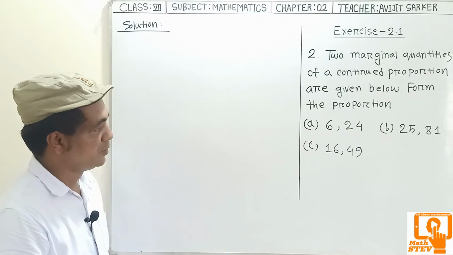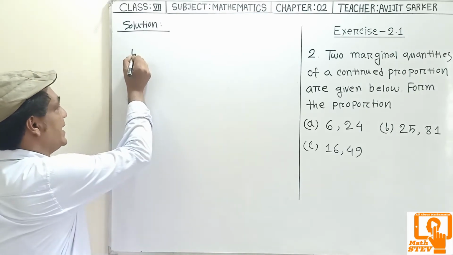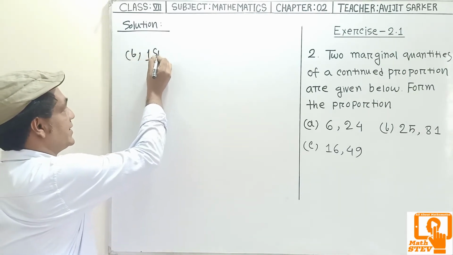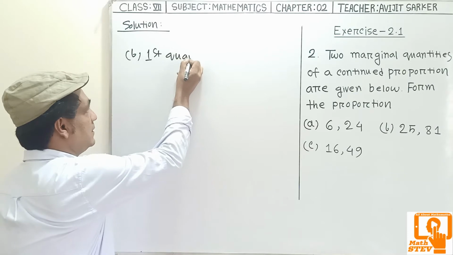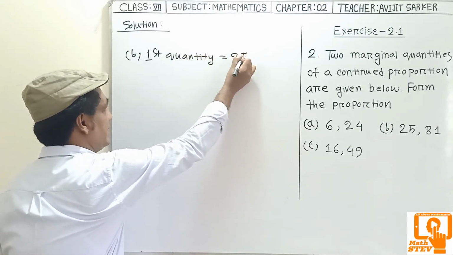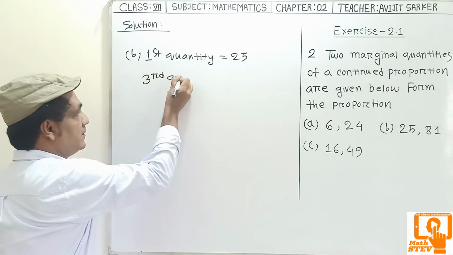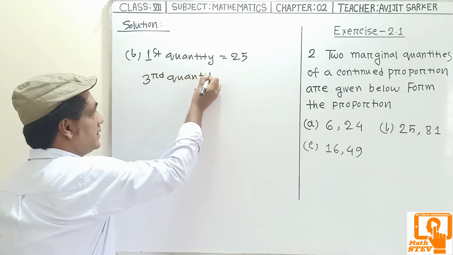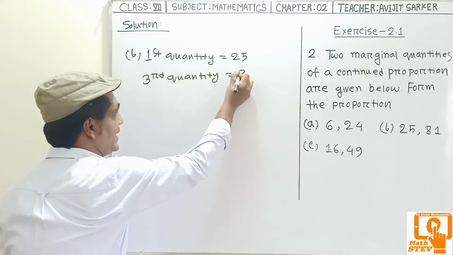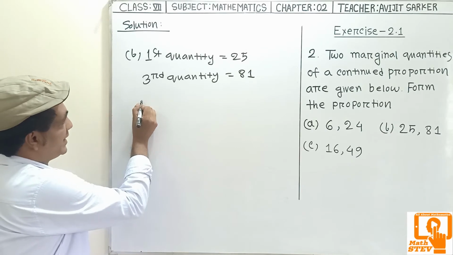Now B. Given quantities are 25 and 81. Solution of B: first quantity equals 25, third quantity equals 81. Now we have to find the second quantity, that means the mid quantity.